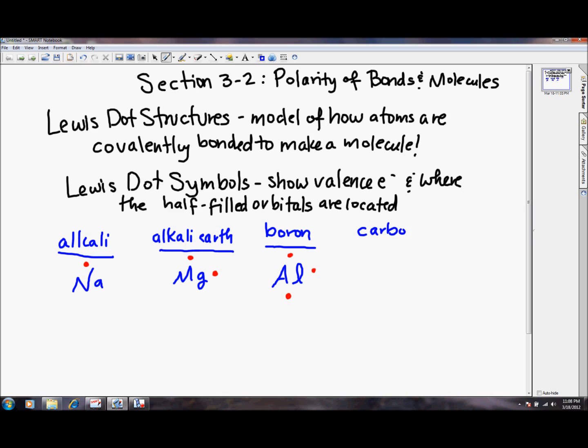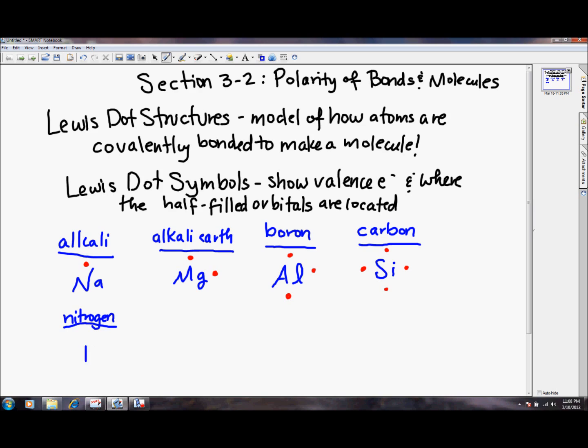Okay, next we have the carbon family. And from the carbon family I'm going to choose the element silicon. Now the carbon family has 4 valence electrons, so I'm going to do 1, 2, 3, 4 valence electrons. Alright, now we're moving on to the nitrogen family.